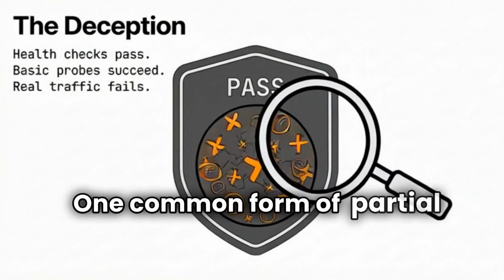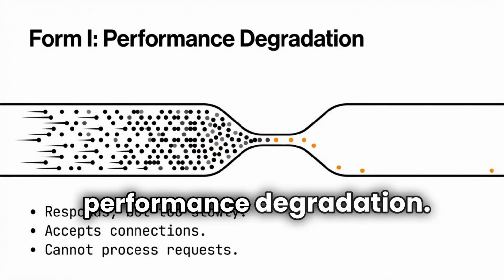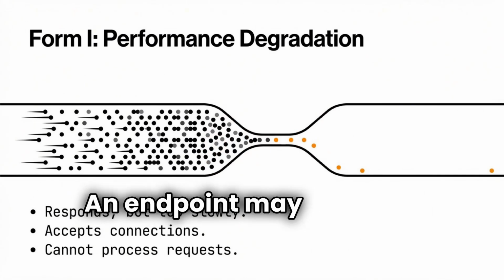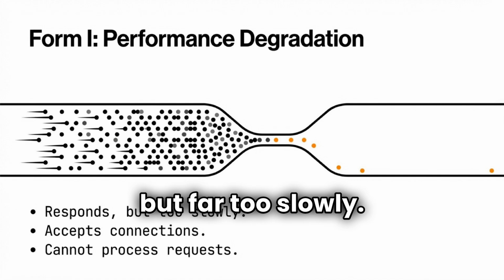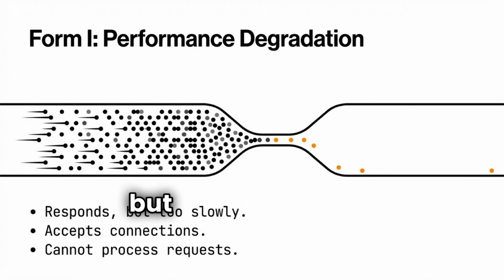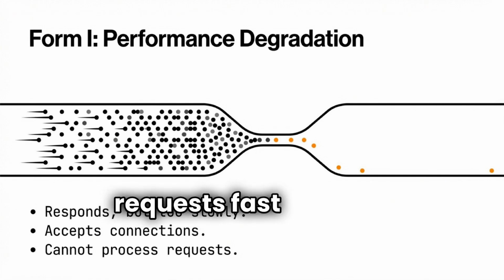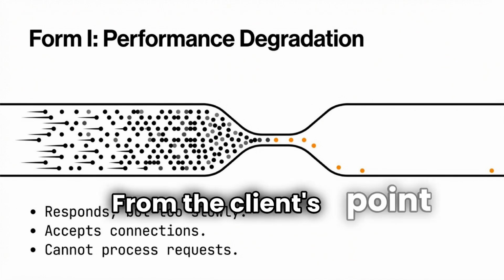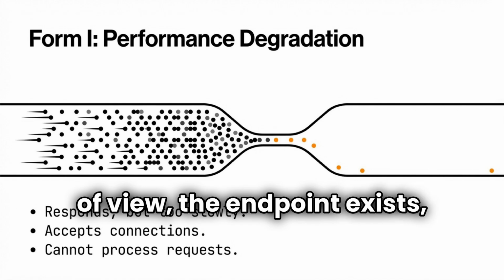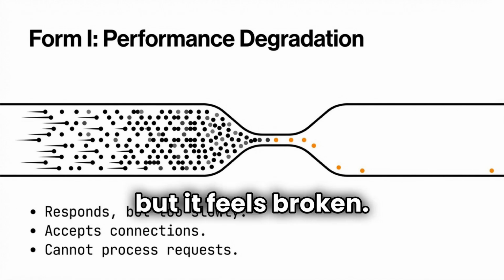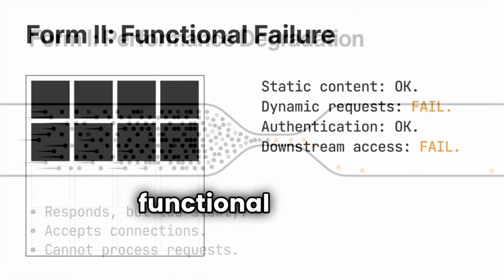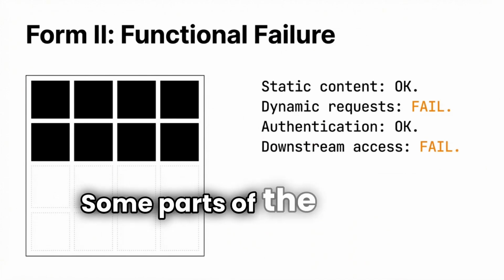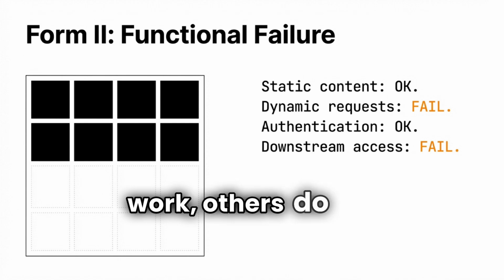One common form of partial failure involves performance degradation. An endpoint may respond, but far too slowly. It accepts connections, but cannot process requests fast enough. From the client's point of view, the endpoint exists, but it feels broken. Another form involves functional failure. Some parts of the endpoint work, others do not.